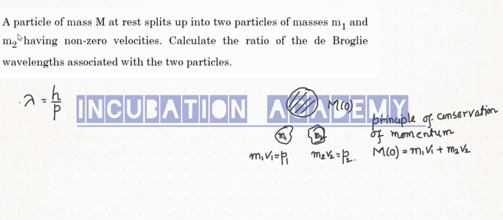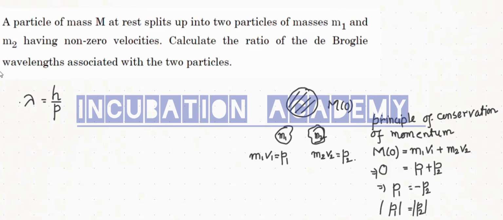Or we can say 0 equals p1 plus p2, replacing m1 v1 with p1. So p1 is equal to minus p2. The minus sign is for the direction, and this equation represents that their magnitudes are equal. So the magnitude of p1 is equal to p2.